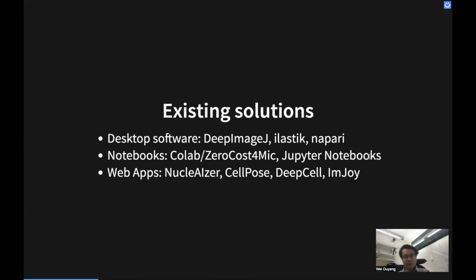With Jupyter Notebook, you can also run it locally, which will require a similar setup if you want to set up a GPU, as with desktop software. There are also web applications. For example, there are a couple of methods already providing demo websites, such as Nucleizer, Cellpose, DeepCell. And there's also ImJoy, whose development I have been leading.